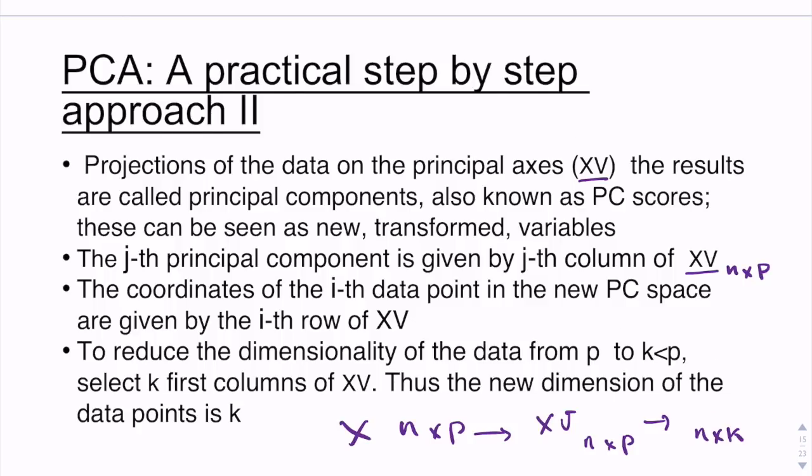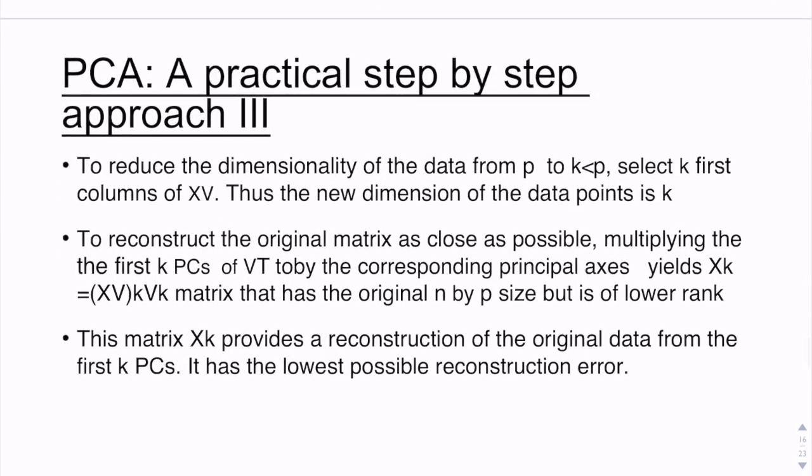As I said, in order to reduce the dimensionality, we choose k principal components, and that gives us a new matrix whose dimension is n by k, and this is the new or compressed data. How do we reconstruct from this reduced matrix? It's very simple.